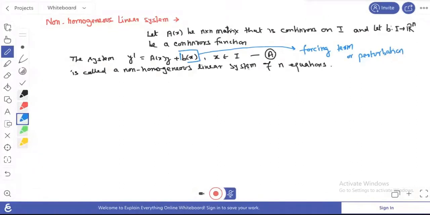So this non-homogeneous term is also known as a forcing term or perturbation. Okay, so if we recall the continuity of A and B, because A and B are continuous, there exists a perturbation.